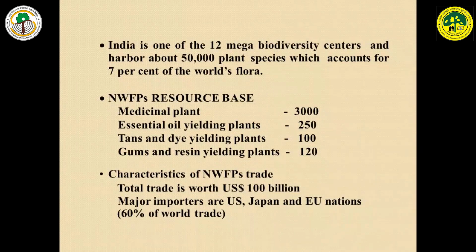The resource base we can classify into four broad groups: medicinal plants, essential oil yielding plants, dyes and tannins, and gums and resins. Around 3000 medicinal plants are documented. Similarly, essential oil yielding plants number around 250, dye and tannin yielding around 100, and gum yielding and resin yielding 120. The classic examples are karaya gum and pine resin.